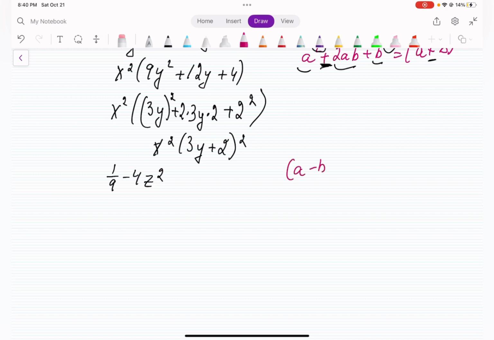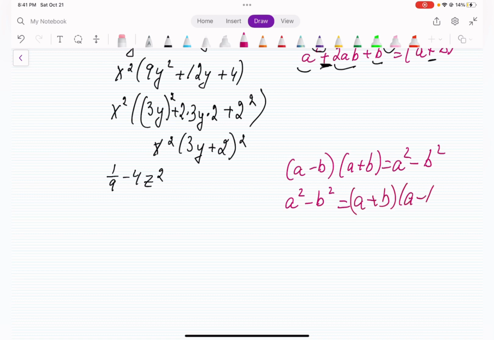A minus b times a plus b is equal a squared minus b squared. So the same term, in one case it's addition, in another case it's subtraction. Or vice versa also, it's gonna be the same way. A squared minus b squared is equal a plus b times a minus b.